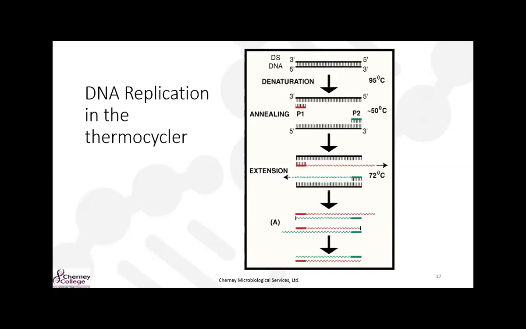Those primers that are specific to the Salmonella or the Listeria that we're looking for are going to attach to our DNA. It's going to increase the temperature slightly to 72 degrees Celsius, and those primers are going to be able to extend that DNA sequence to make two separate strands. And this cycles over and over again until we get an amplified amount of DNA that's detectable.